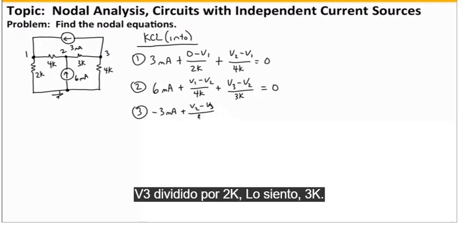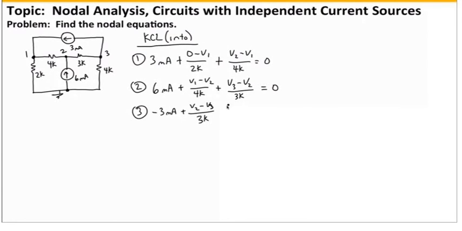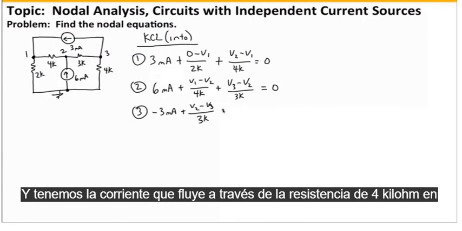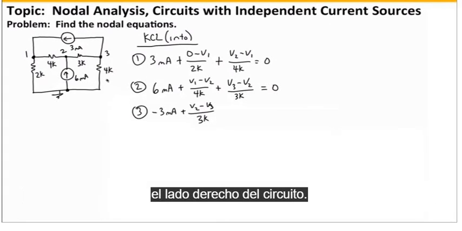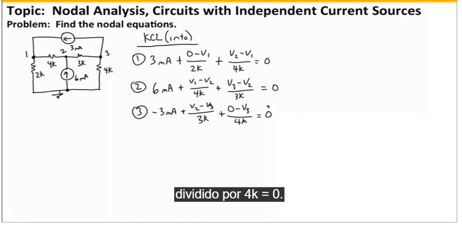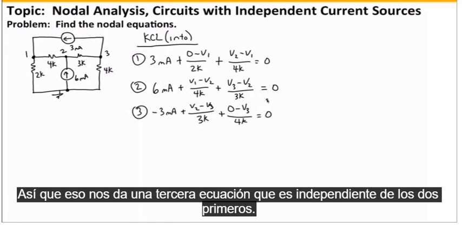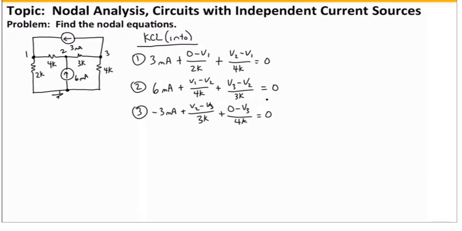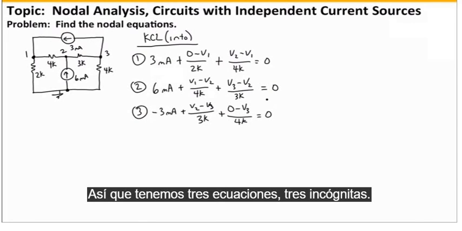And we have the current flowing up through the 4 kilo ohm resistor on the right-hand side of the circuit, and that is 0 minus V3 divided by 4K, and the sum is equal to 0. So that gives us a third equation, which is independent of the top two. So we have three equations, three unknowns.